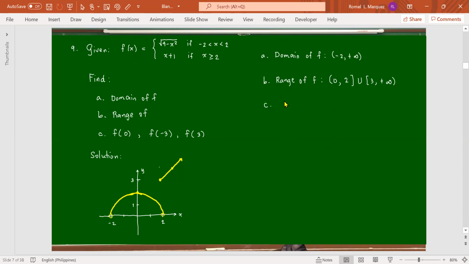So letter C, value of f of 0. 0 is between -2 and 2.